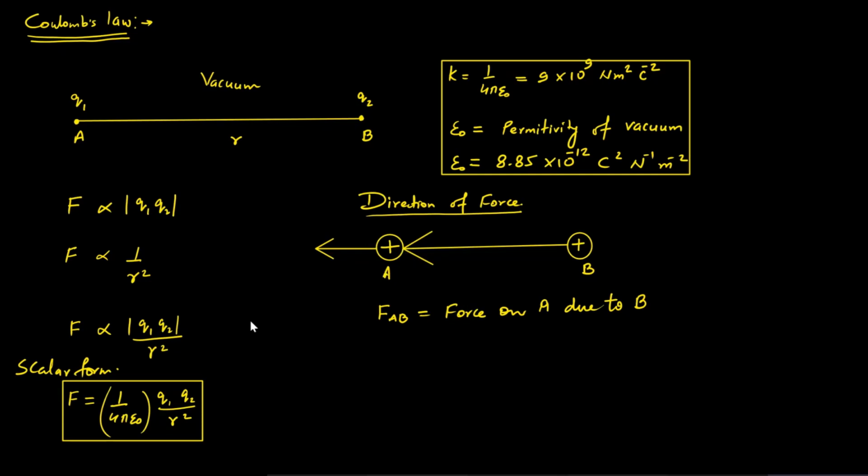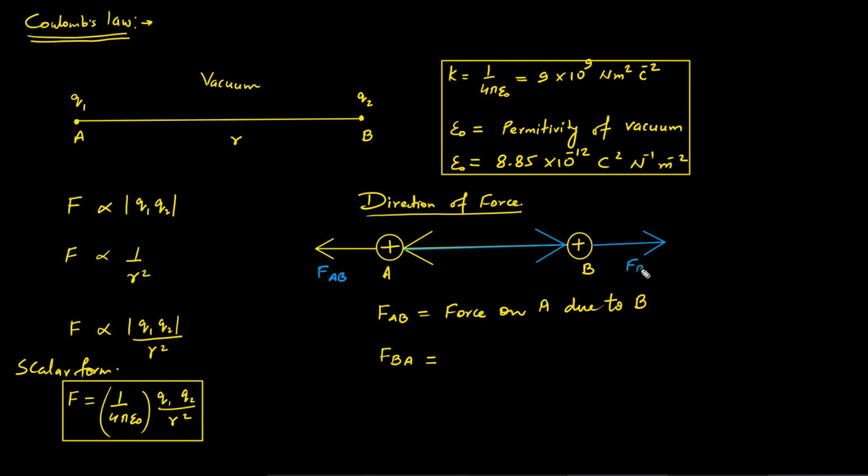Yes or no? Yes. Same way, if I say force on B due to A, its direction will be just opposite. It will be from A to B. I hope this is clear to everyone.